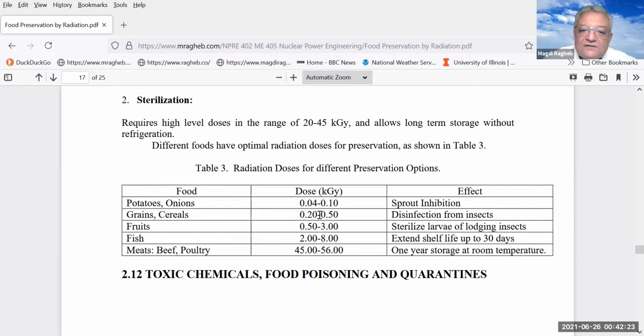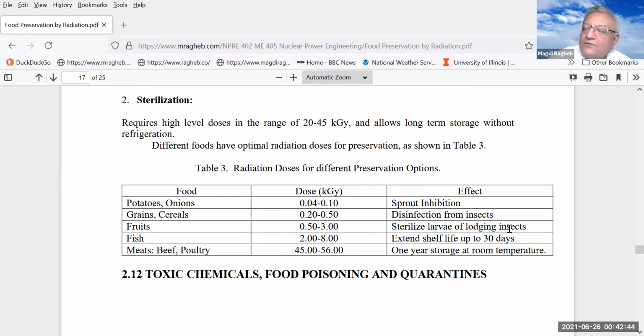Grains and cereals need from 0.2 to 0.5, and that kills insects. As I remember, we lose 30% of our food supply also in grain to what? To beetles and maybe even rodents like rats and mice. Fruits need 0.5 to 3 kilogray. That sterilizes the larvae of lodging insects.